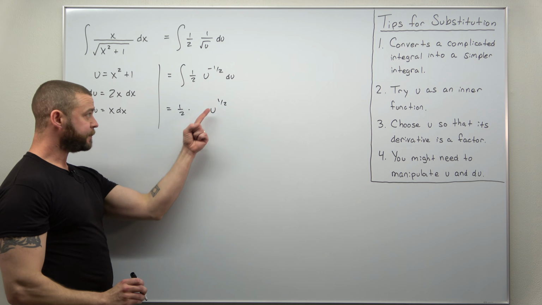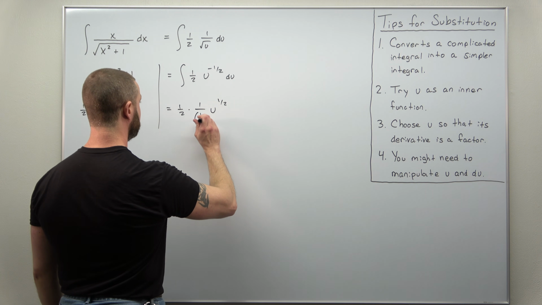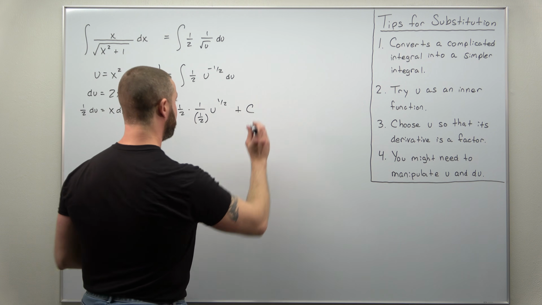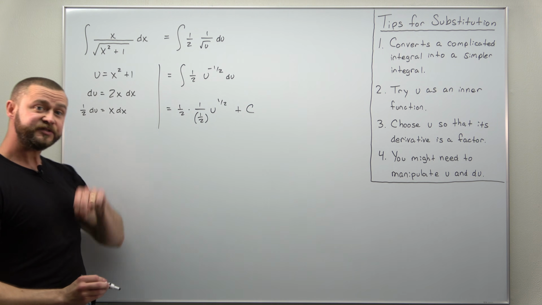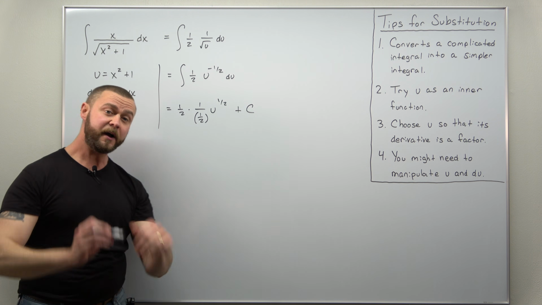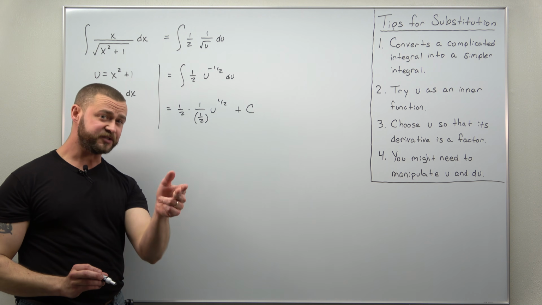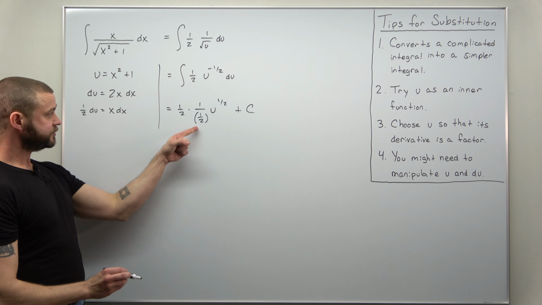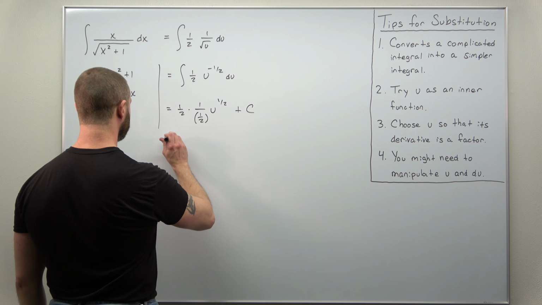And now we divide by the new power, we divide by 1/2. Some of you might be comfortable when you divide by 1/2, same thing as multiplying by 2, but some of you might not see that, especially if some of your previous courses were a while ago. So you can rewrite 1 divided by 1/2 as multiplication by 2.